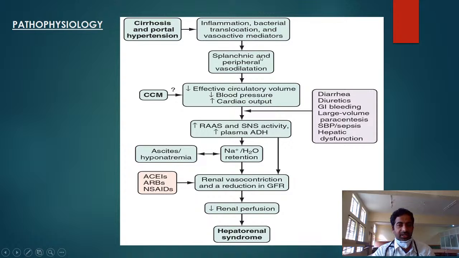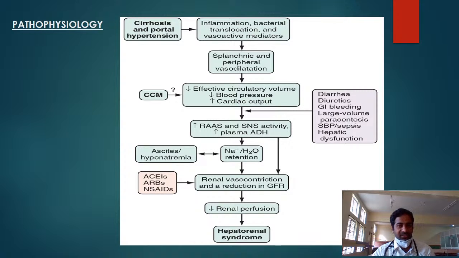Along with that, if the patient has constrictive cardiomyopathies, or if you are giving diuretics, so diuretics you don't give in patients with suspected hepatorenal syndrome or hepatic encephalopathy. Diuretics are contraindicated. And you have to do paracentesis, but make sure you replace it by giving either albumin or FFP, fresh frozen plasma.